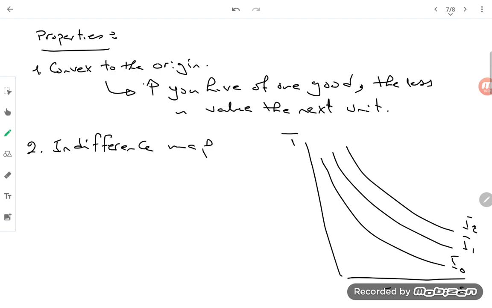So this is known as indifference map. Number 3, the higher the indifference curve, the higher the level of satisfaction.